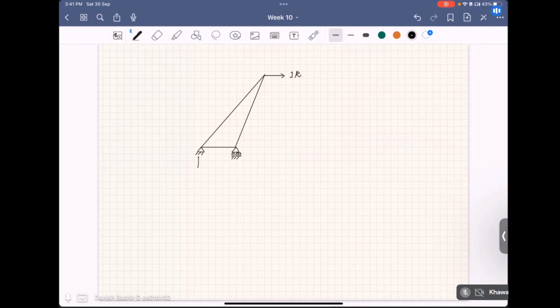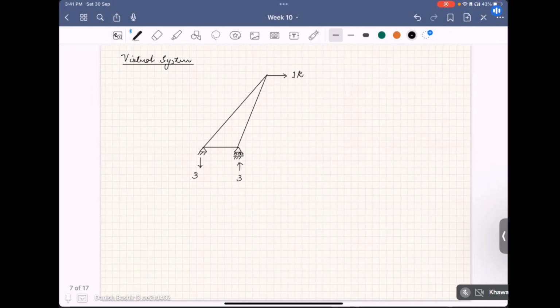So quickly computing the reactions, this reaction will be 3 kilopound here, and this reaction will be 3 kilopound here, using the moment and force equilibrium equations. So please do these things carefully once you follow these numericals. Okay, this is the virtual system. So quickly I am writing the internal forces because of this 1 kilopound load.